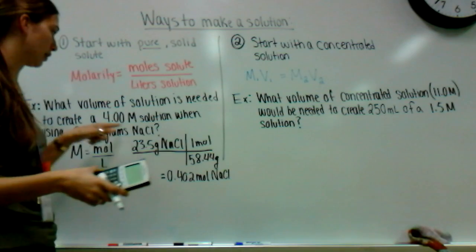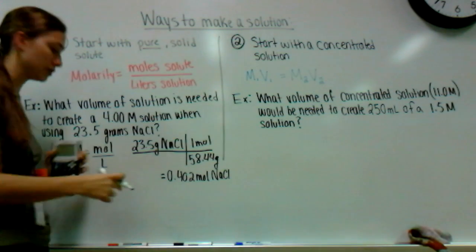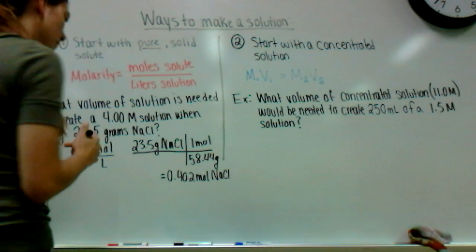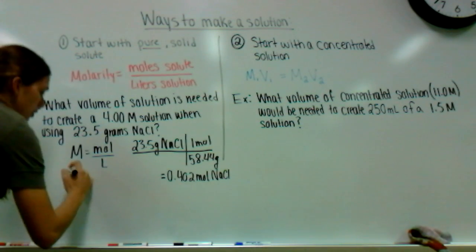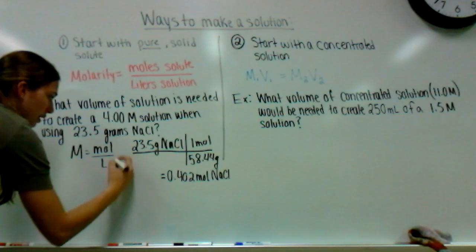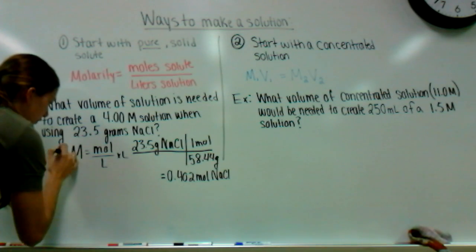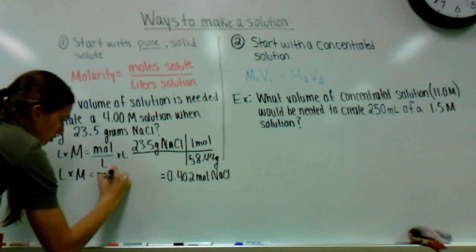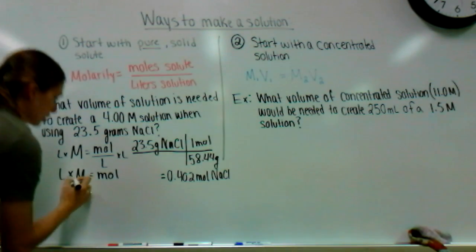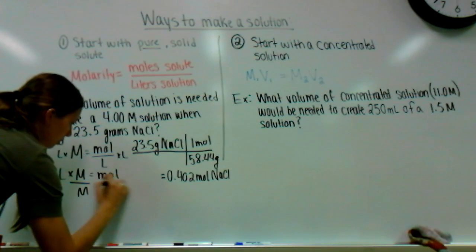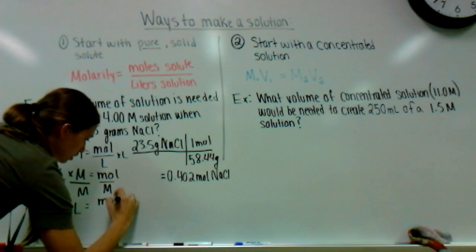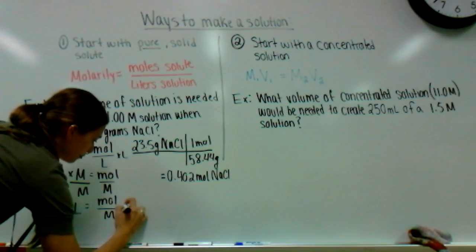Now we have moles, we're already given molarity, so all we have to do is solve for liters. Now, liters is on the bottom, so we have to rearrange our equation a little bit. So we're going to multiply both sides by liters, move it over. So we have liters times molarity is equal to moles. And again, we're solving for liters, we need to divide both sides by molarity. So we have liters is equal to moles over molarity.